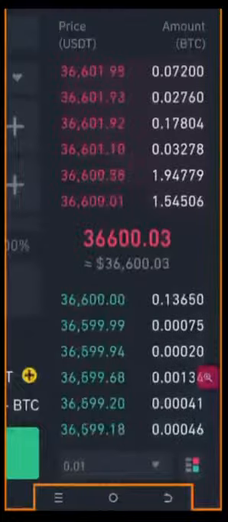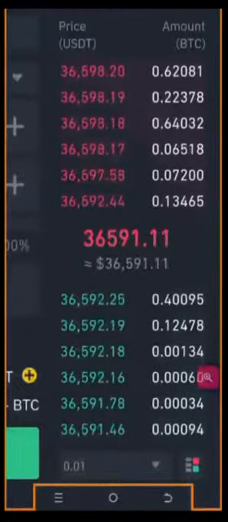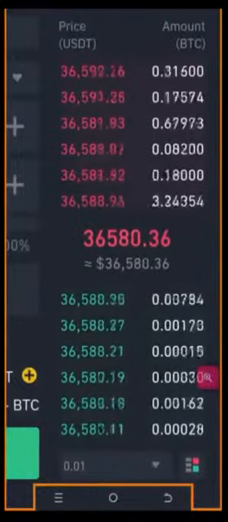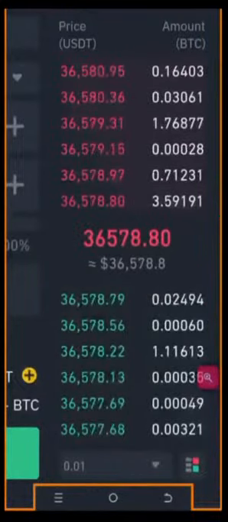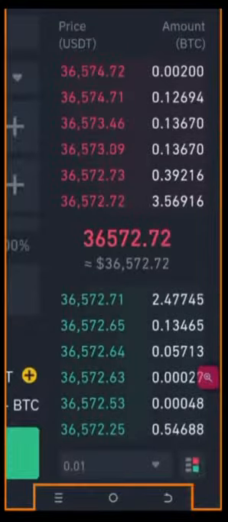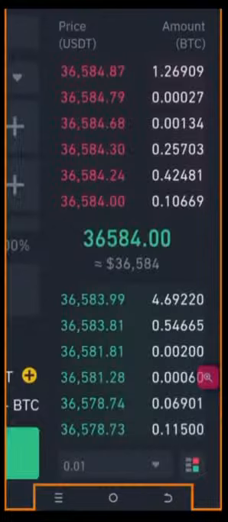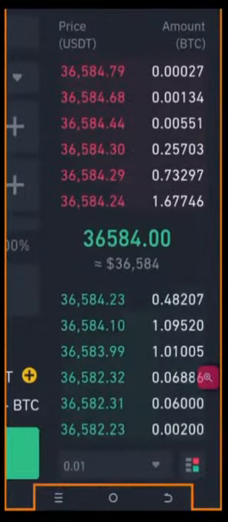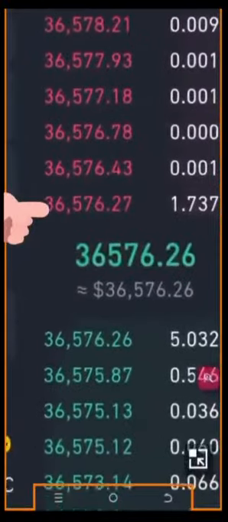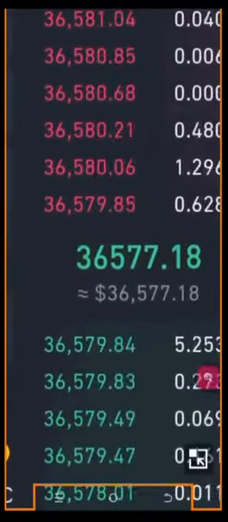Don't choose the center price because it's not going to execute immediately, except for BTC USDT, which is always flipping and flopping because of the velocity, so it will execute faster. But for other trades, maybe different pairs, you have to choose a higher price. That is the first red, the one saying 3657276 and all of that.